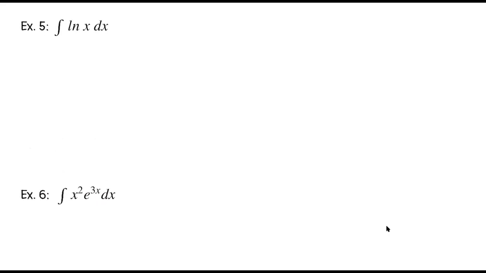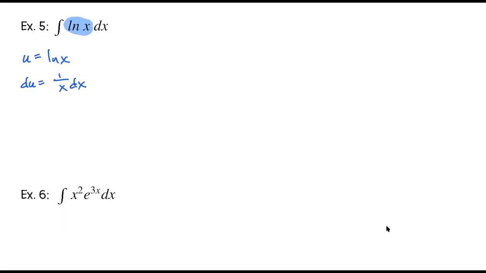And so if I say, all right, well, I see this natural log, and I know using LIPET or LIATE that natural log has to be my u, then I can at least write down that u equals natural log of x. And like someone said earlier, that derivative is 1 over x dx, okay? Now, what does that leave for our dv?